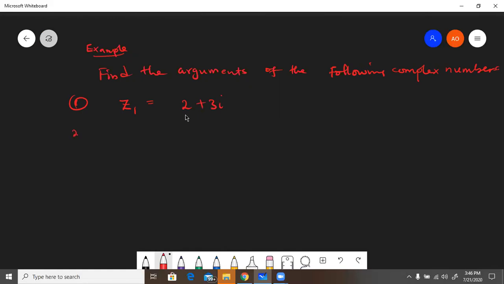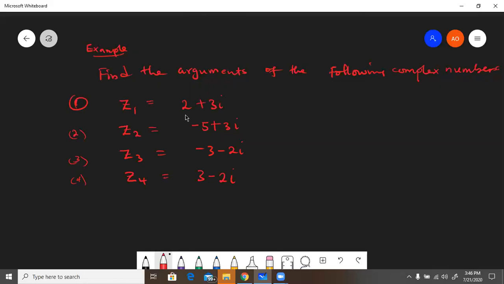The second one is z2, given as minus 5 plus 3i. The third one is z3, which is minus 3 minus 2i. And the last one is z4, given as 3 minus 2i.